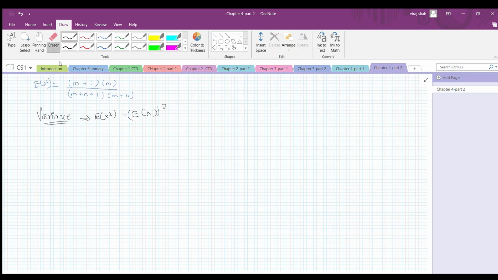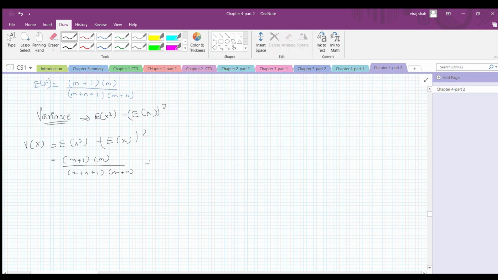Okay, let's go ahead. Variance is equal to expectation of x square minus expectation of x the whole square. What is expectation of x square? It is nothing but (m plus 1) into m upon (m plus n plus 1) into (m plus n).